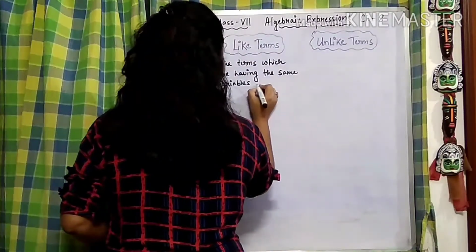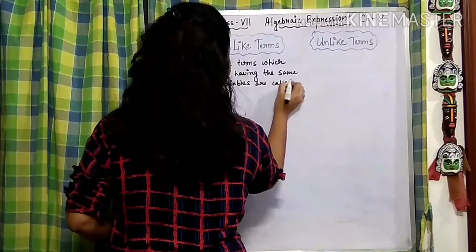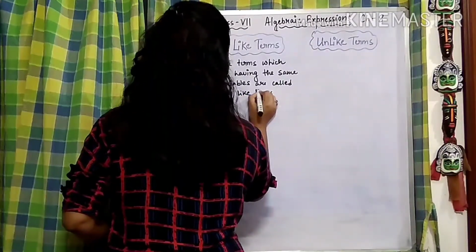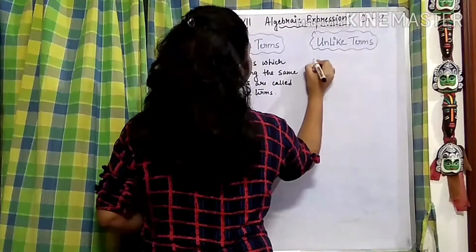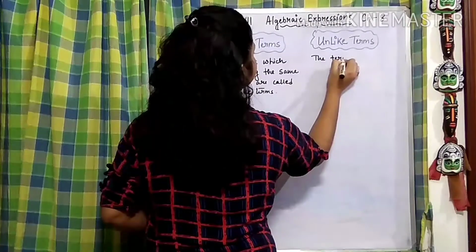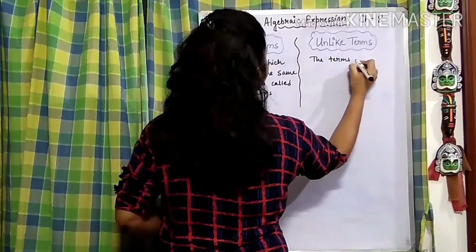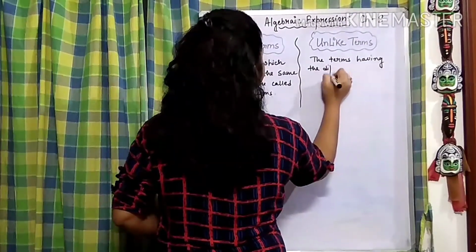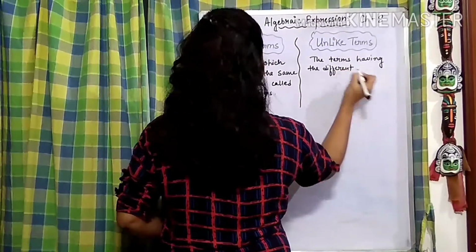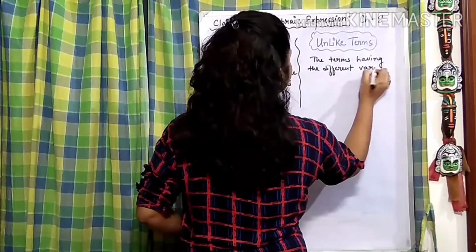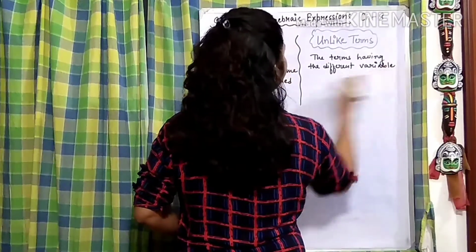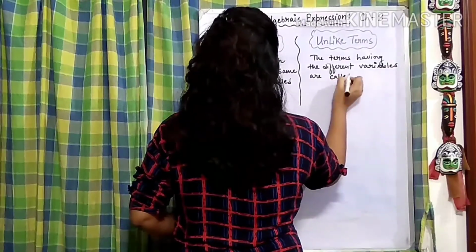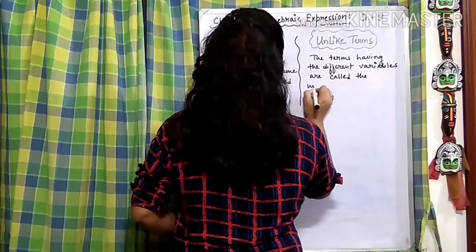While the terms having different variable factors are called unlike terms.